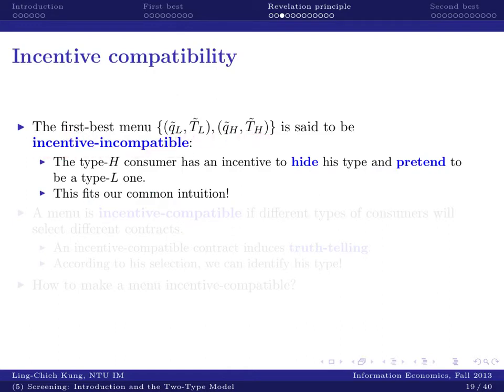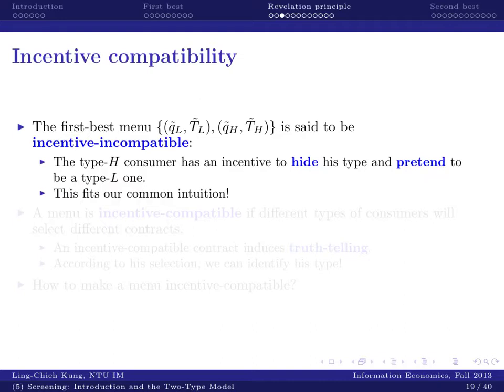Okay, this is our term. By saying the menu is incentive incompatible, we mean that the type H consumer has an incentive to hide his type, to make his type hidden, and pretend to be a type L consumer. This fits our common intuition. Essentially, this is saying that if my valuation is high, I'm going to pretend to be a low valuation consumer.